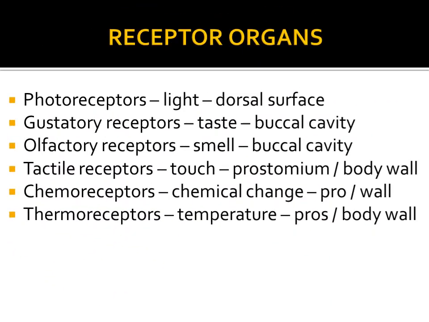Okay, the next one is regarding receptor organs. Wherever we learn about the coordinating system or nervous system, they also give the receptor organs after that. Why are the receptor organs given there? Because the brain or nervous system is located inside the body, but the receptors, which receive the sense, are located on the surface.